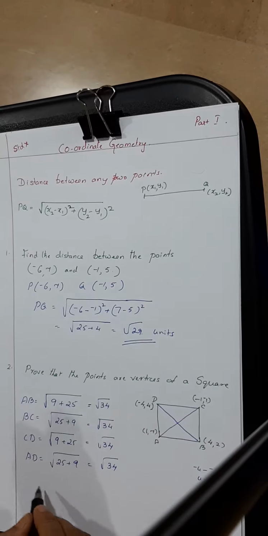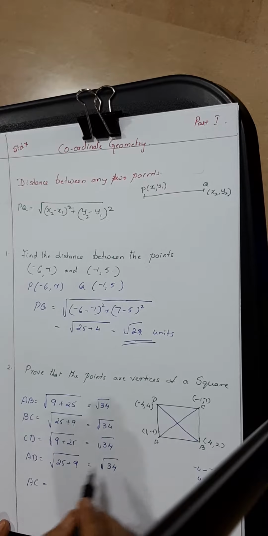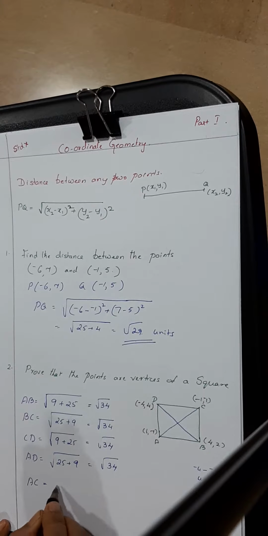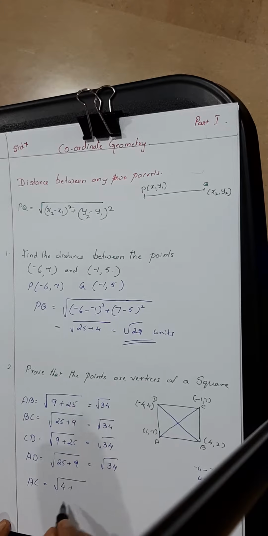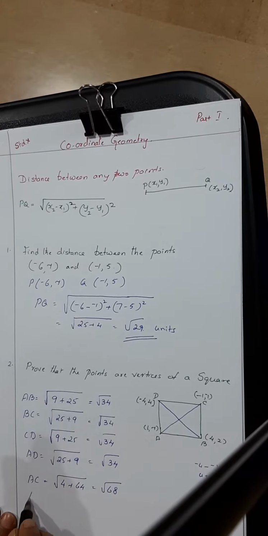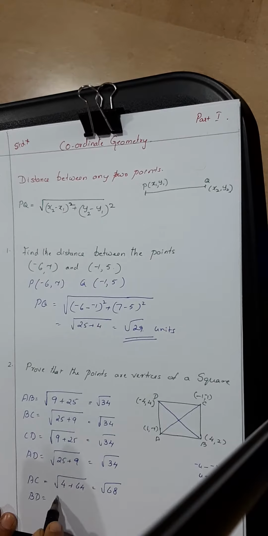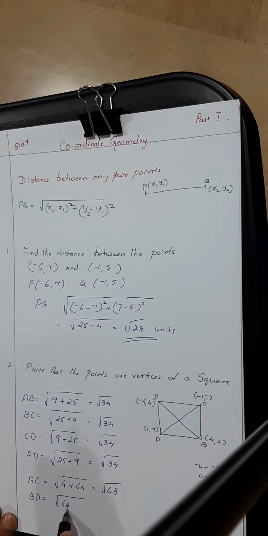So we have to find AC. So AC is equal to root of 1 minus 1 is 2, so 4, plus 7 minus 1 is 8, 64. It is root 68. BD is equal to root of 4 minus 4 is 8, 64, plus 4 minus 2 is 2, 2 plus 2, 4.